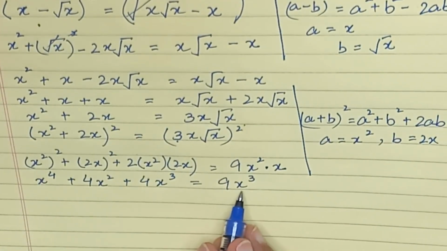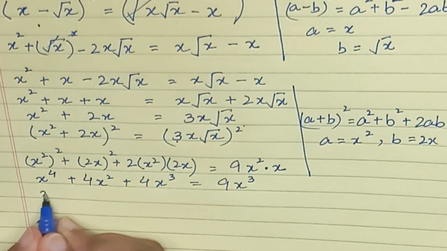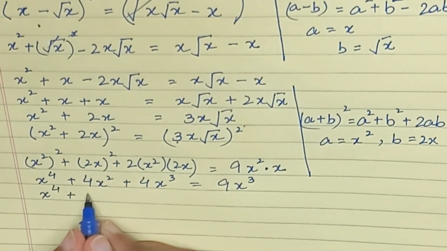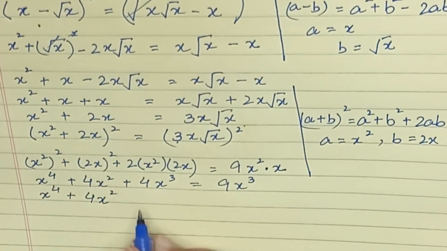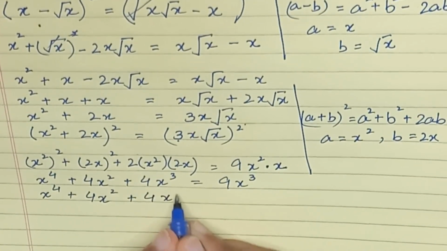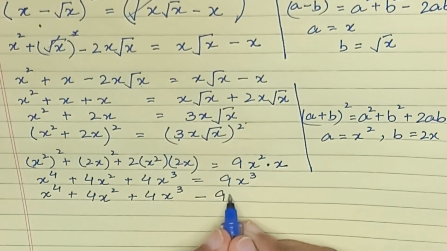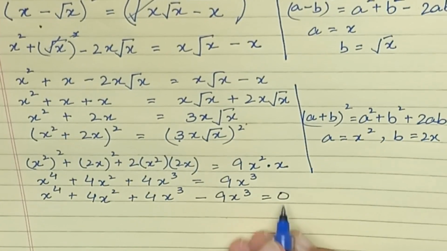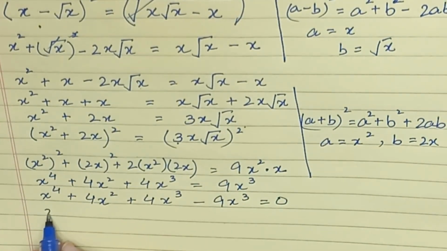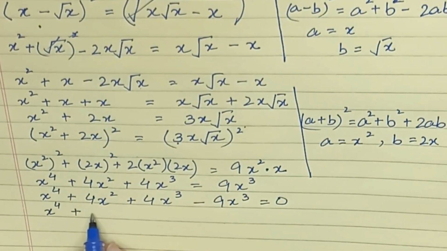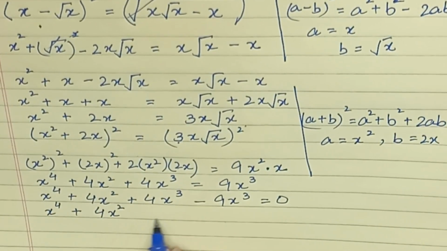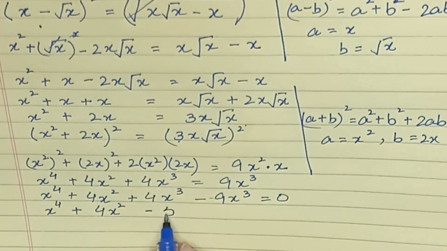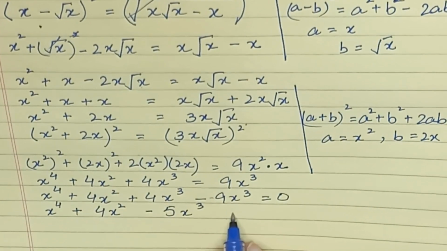So now we will combine like terms, so again we will write it as x to the power 4 plus 4x square plus 4x cube minus 9x cube, which is equal to 0. So it will become x raised to the power 4 plus 4x square minus 5x cube, which is equal to 0.